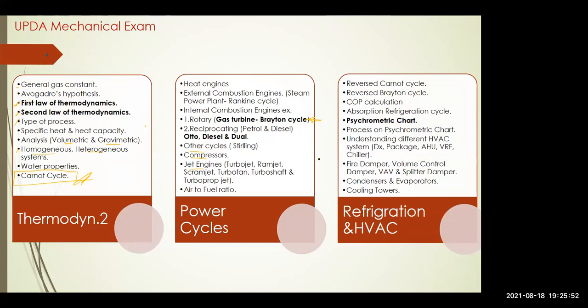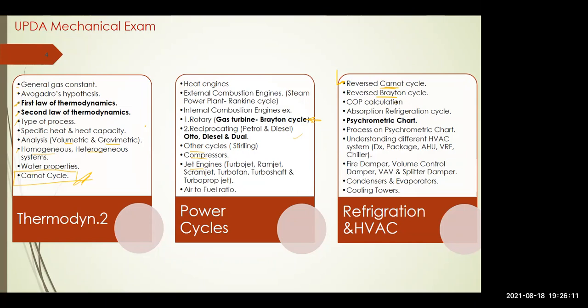Then going to the other topic, refrigeration and HVAC. We start with refrigeration, which is a reversed cycle. We start again with the ideal one, the Carnot cycle, and then go to the reversed Brayton cycle.